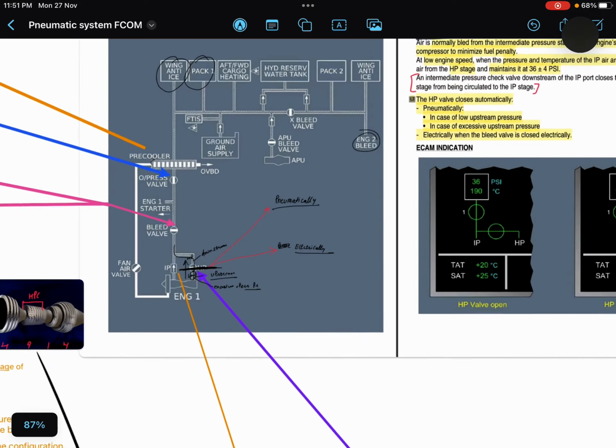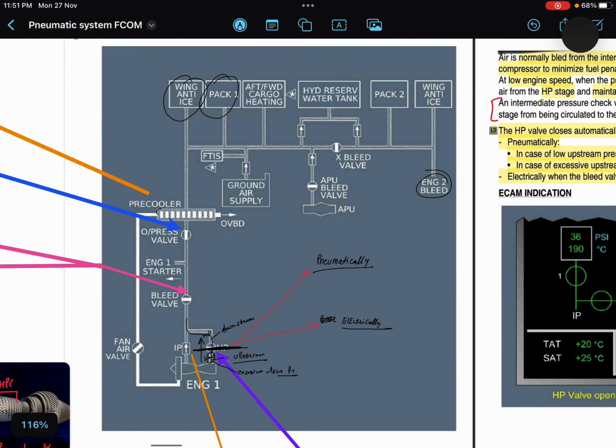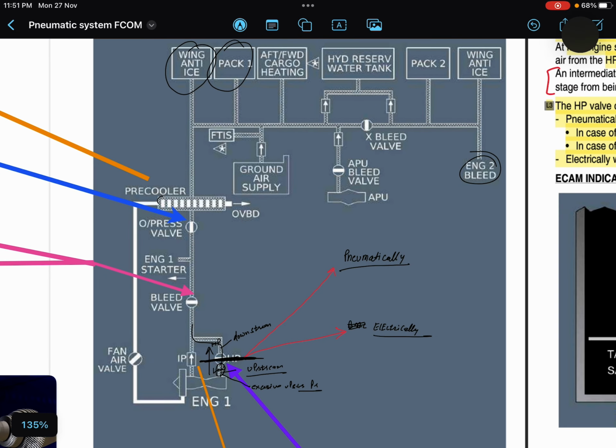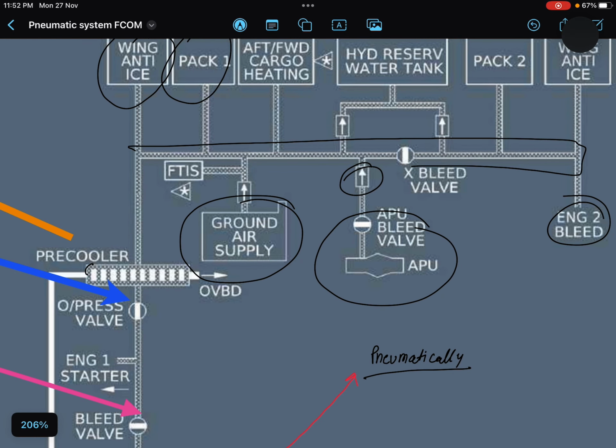Right, now I have covered all the things of this schematic diagram. I have told you about the check valve, I have told you about the HP sources. This is called the cross bleed duct. This is the cross bleed valve.